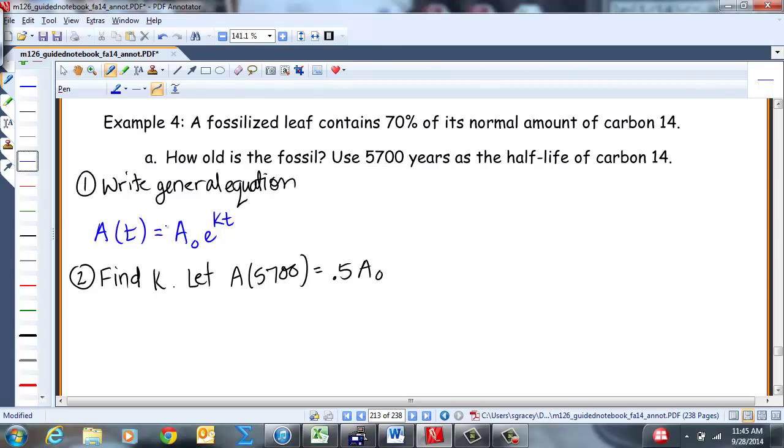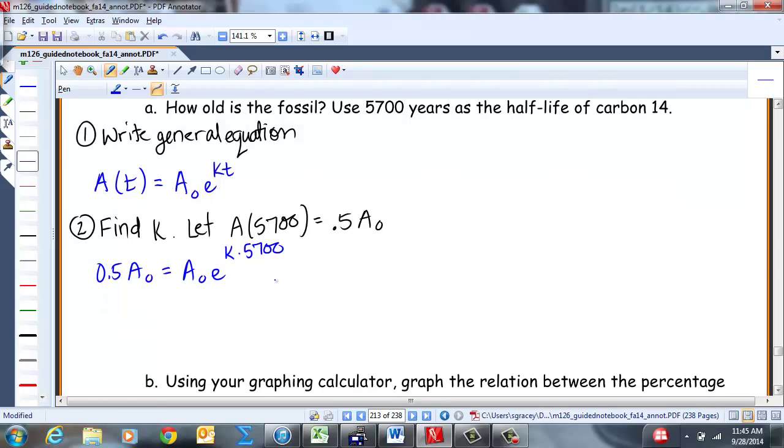So A at t is half of the initial amount, which equals the initial amount times e raised to the k times 5,700. At time 5,700, you have half the initial. Look what happens, it's kind of groovy.